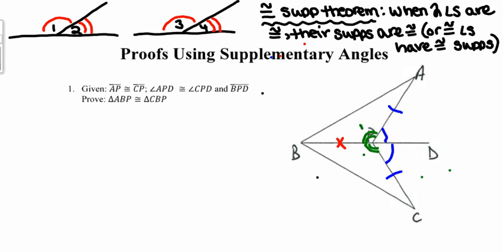So I'm going to say angles 1 and 2 have to be congruent to each other because they are the supplements of the given pair of congruent angles.